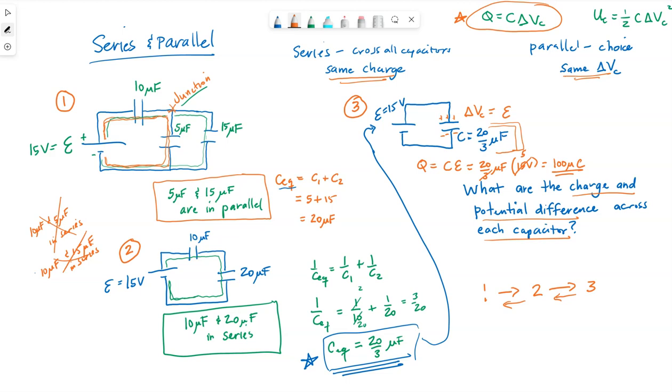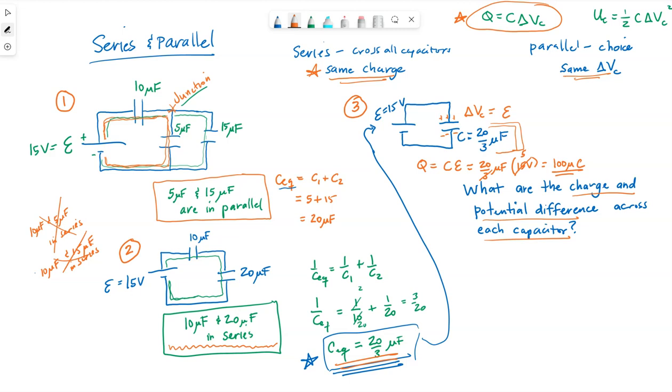Now, in terms of what we can take back to circuit 2 with us, that depends on what our equivalent capacitance was representing. So when we calculated this 20/3 microfarads, it was because we said the 10 and the 20 in this circuit 2 were in series. Well, if I go back to series, I know in series, these capacitors must have the same amount of charge.